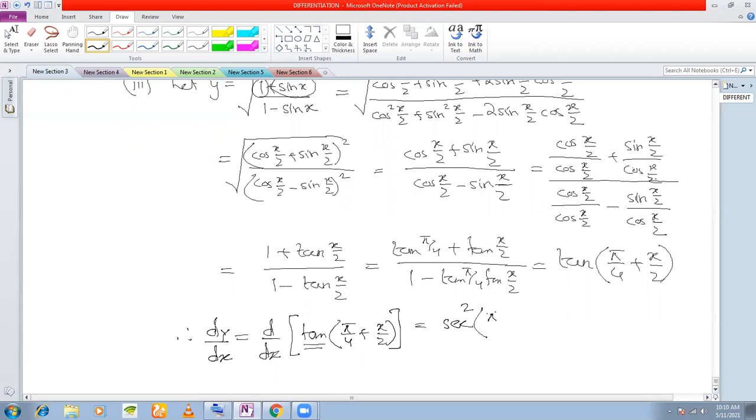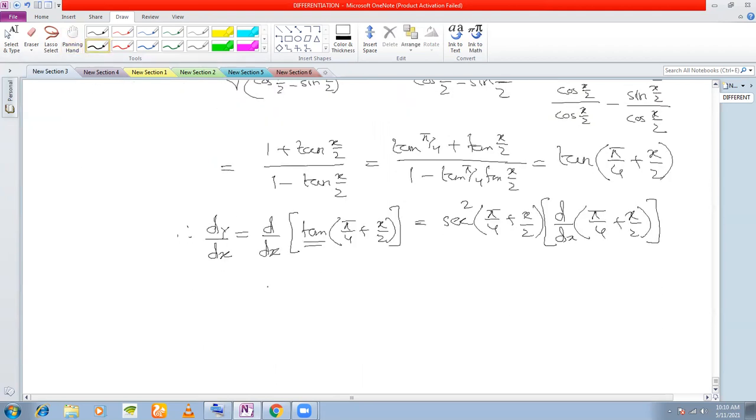You get sec square of pi by 4 plus x by 2. And then multiply it with the ddx of pi by 4 plus x by 2. Pi by 4 is a constant, so that differentiation will be 0, and x by 2 will be half.